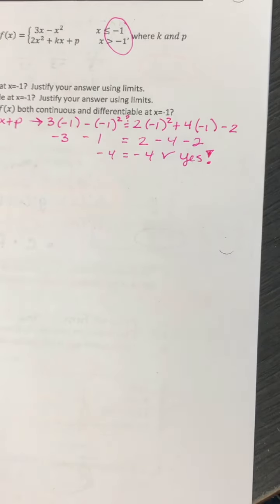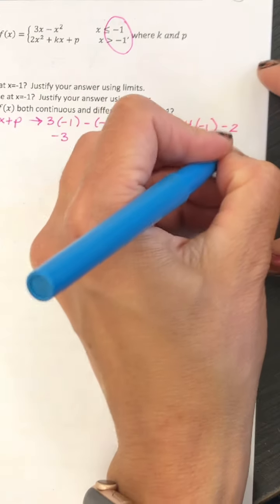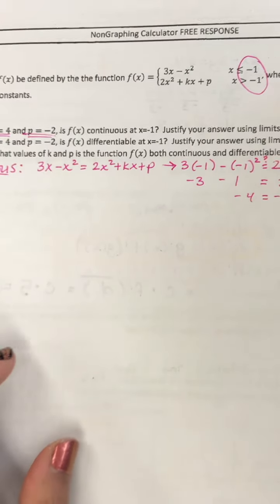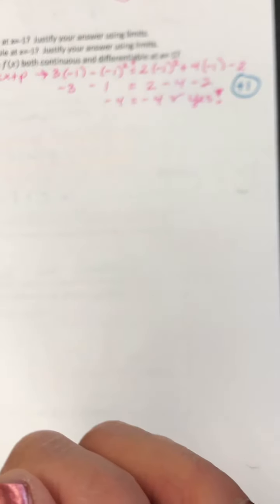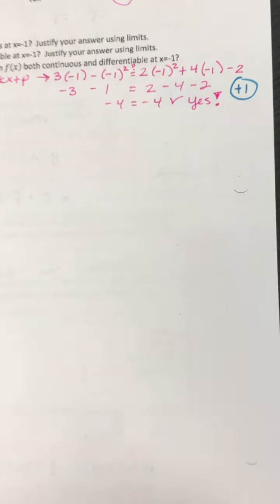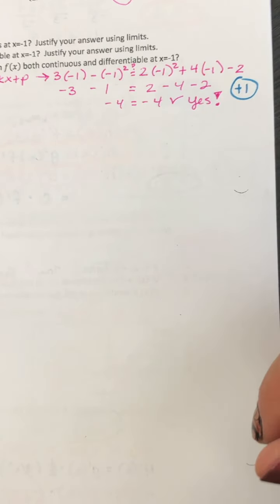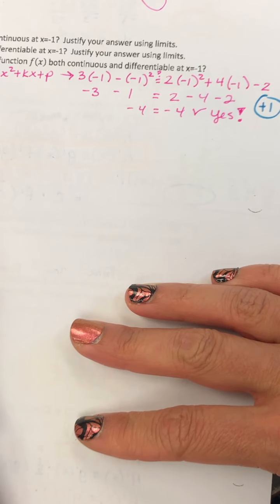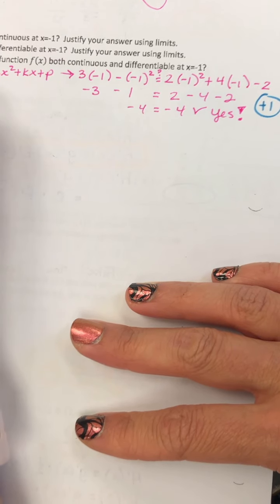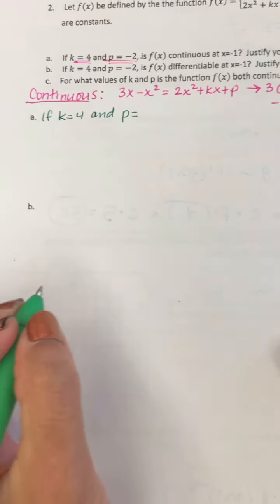Okay, and guess what? Showing this work is the first point. This one's also going to be out of 9. So that's the first point, showing that it's continuous. Okay, so now we need to do our write-up. So we can say if k equals 4 and p, wait, can you guys see?